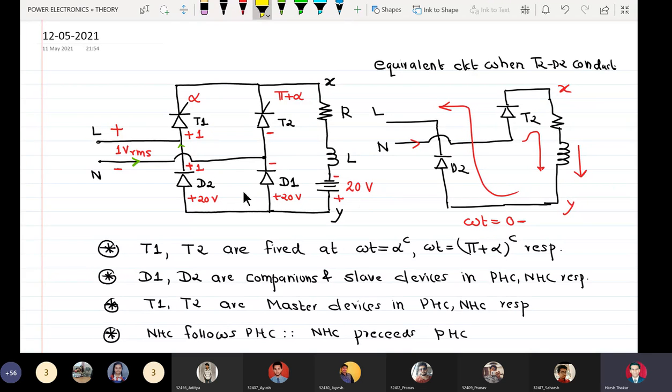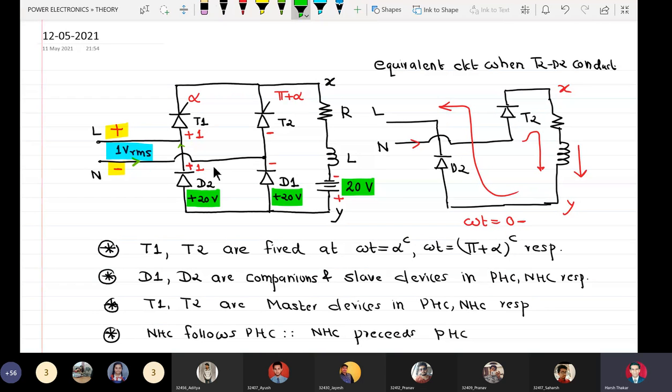So at the beginning of the positive half cycle, the line is positive with respect to neutral, assuming that it is having a value of 1 volt RMS, and here the inductor has imposed the potential of plus 20 volts. So plus 20 volts is applied at D1, plus 20 volts applied at D2.